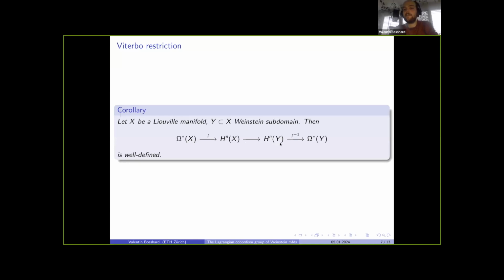Then you go to cohomology of Y using the map given by the inclusion of Y into X, just contravariant in the other direction in cohomology. And then these two groups are the same because Y is Weinstein. So actually you get the map from the Lagrangian cobordism group of X to the Lagrangian cobordism group of Y. And this is the analog, again, in the Lagrangian cobordism world of Viterbo restriction.